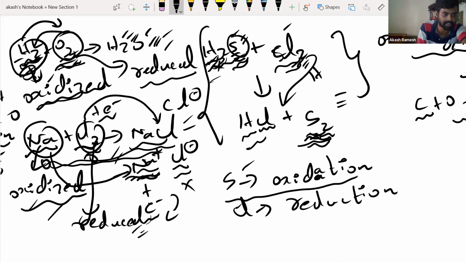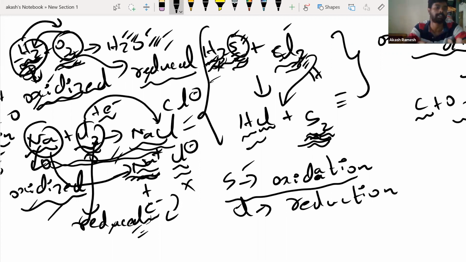Here also one substance getting oxidized, another getting reduced. So what I'm trying to tell you is that you cannot speak about oxidation and reduction with the reaction as a whole. In the reaction, you are going to take a particular element or a particular compound and see whether that particular element or compound is getting oxidized or reduced.